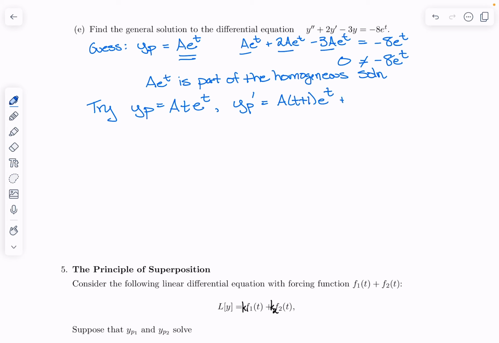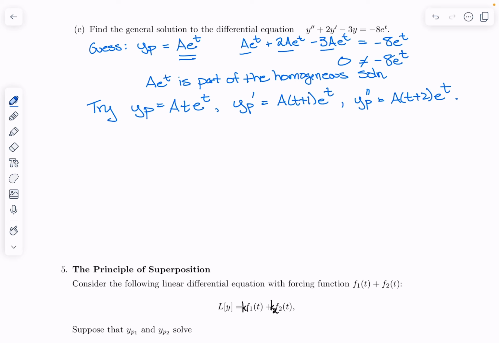And then my second derivative, y p double prime, ends up being a times (t plus 2) e to the t. That happens when I do the product rule, combine terms, and factor out the e to the t. You can take a second and pause this video and compute those derivatives yourself, or you can just take my word for it.